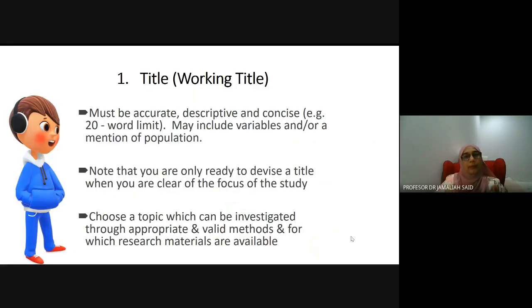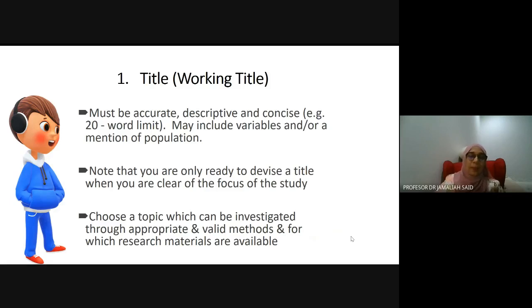So title. Students always ask, how long should our title be? What is the maximum number of words for a title? My answer is very simple. Make sure your title is as short as possible, but the title must contain cause, effect, sample. So in the title of your proposal, I want to see the cause, the effect, and the sample.